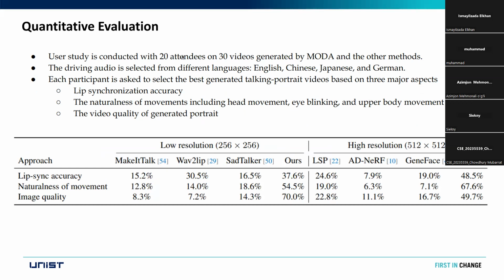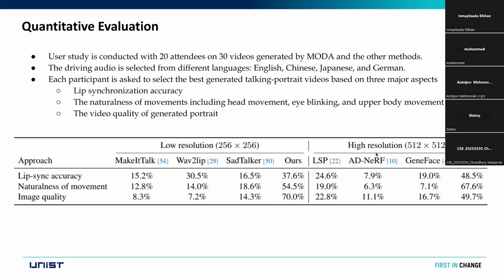They use 20 attendees on 30 videos generated by this model and other methods. The driving audio is selected from different languages, and each participant is asked to select the best generated talking portrait videos based on 3 major aspects: lip synchronization, naturalness of movements, and overall video quality.